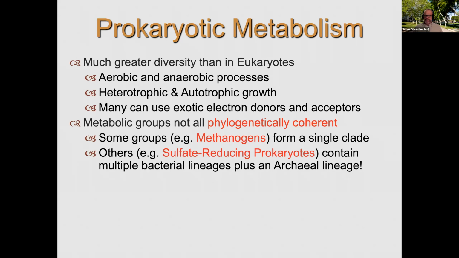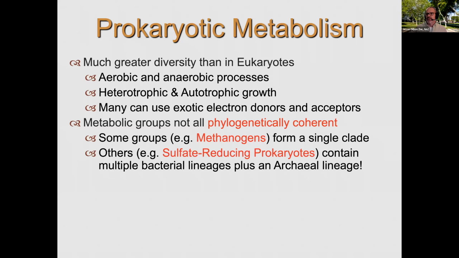A classic example of something that evolved once and doesn't seem to have moved around much is methanogenesis. This single group within the Euryarchaeota, the methanogens, they're archaeal, they do that, and they're the only ones that do it as far as we know.